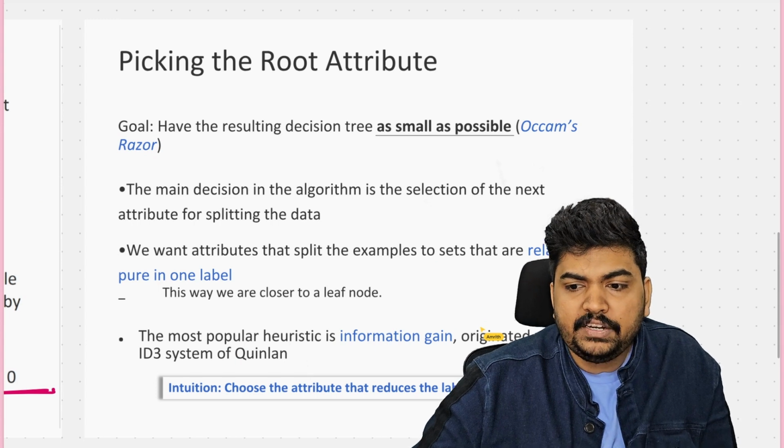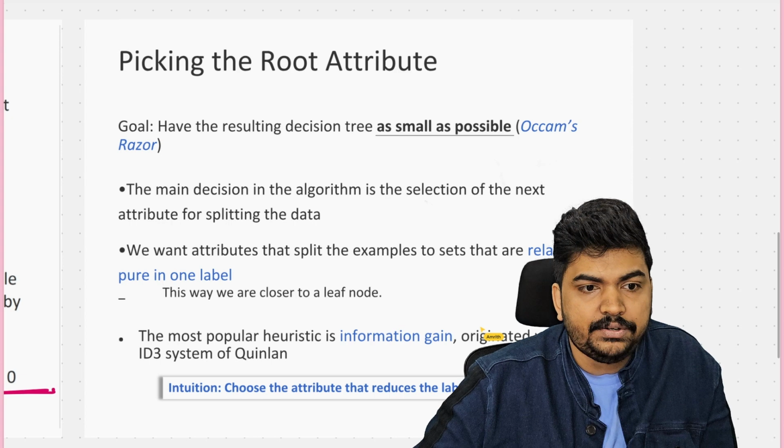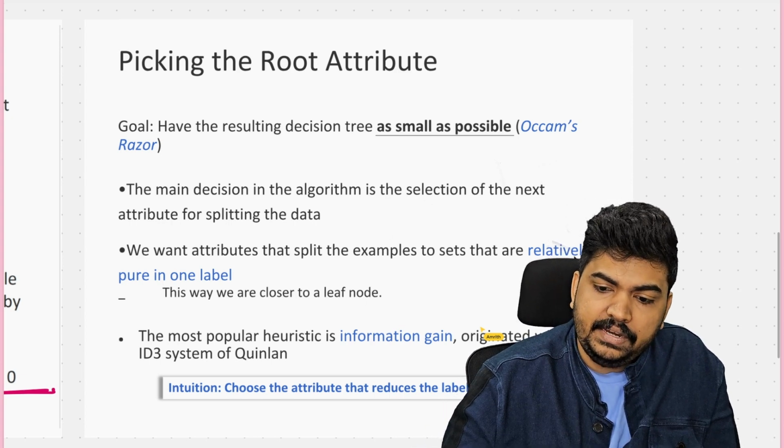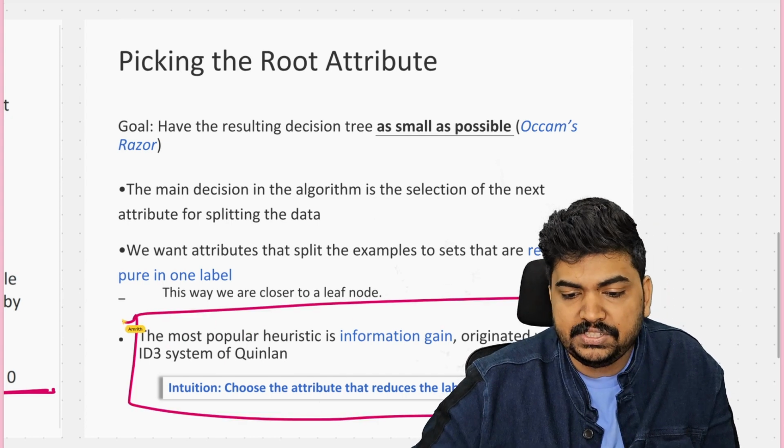So if we go back to ID3, our intuition is to choose the attribute that reduces the label entropy the most. And ID3 operationalizes it via information gain.